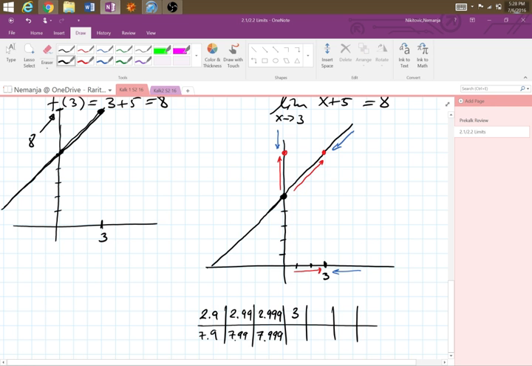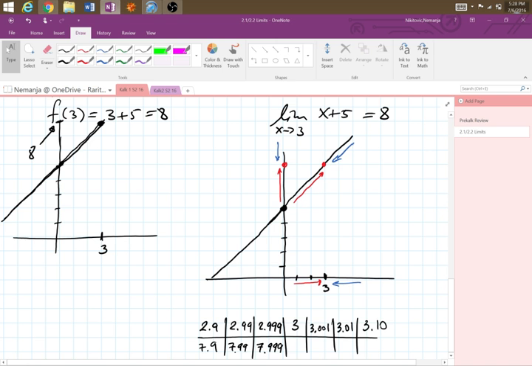The number that is far away would be $3.10, and then maybe $3.01, and then just $3.001. And if we are to add 5 to each one of these, because remember, we are computing this in the function, so we have the function over here, x plus 5. We are computing all of these values around number 3 in that formula. We are not allowed to use 3. We can use anything else but 3.